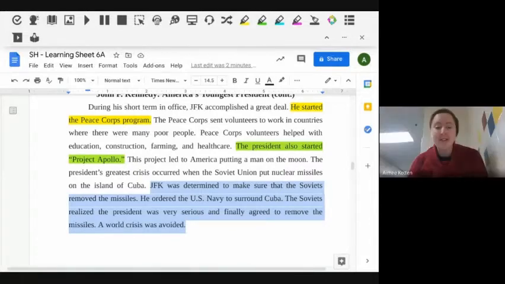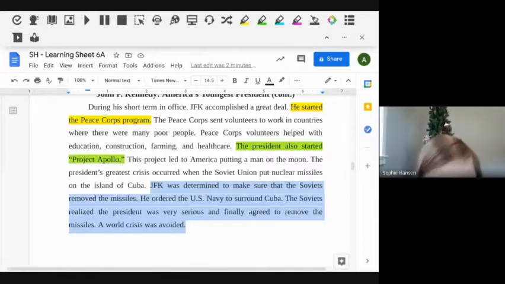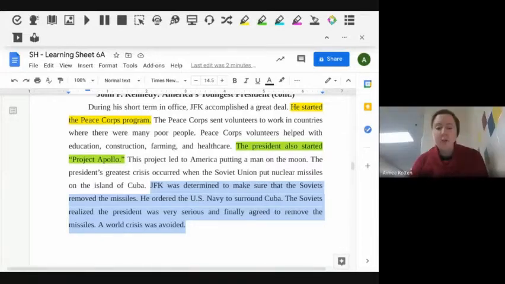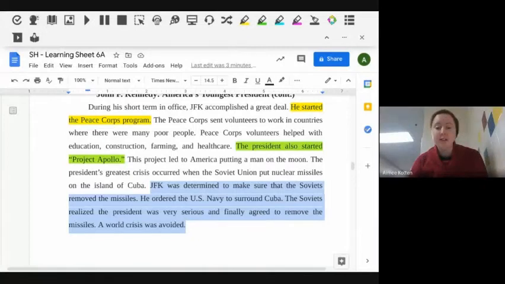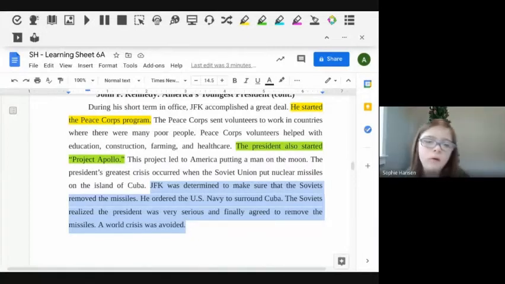How about the president was very serious? Yeah, the president's very serious. And what did they do? What did the Soviet Union do? I don't know. They took away the missiles, right? Yeah, they took away the missile.